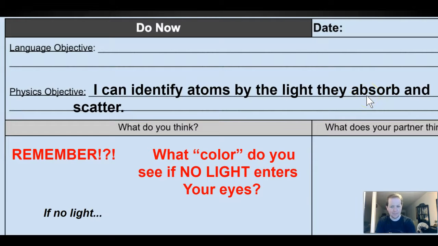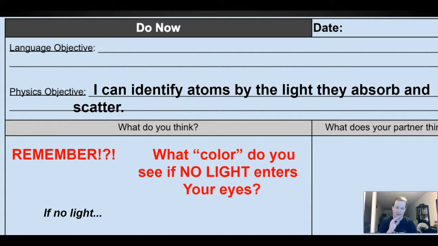Now, for our what do you think, we have another do you remember. It says, what color do you see if no light enters your eyes? And maybe color is not the best word, but what do you see if zero light enters your eyes?